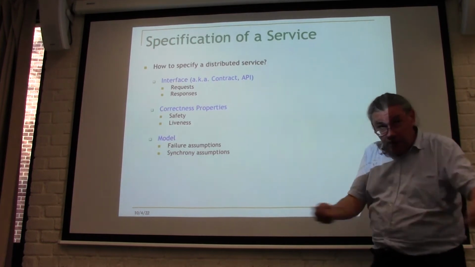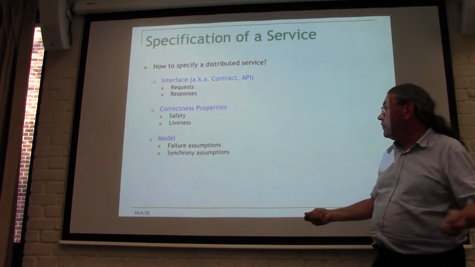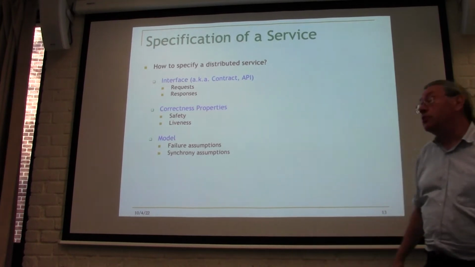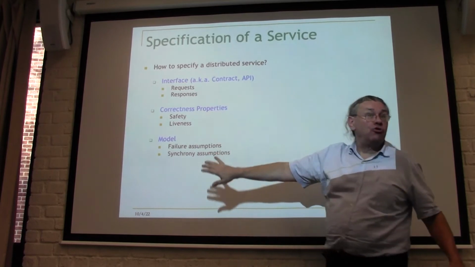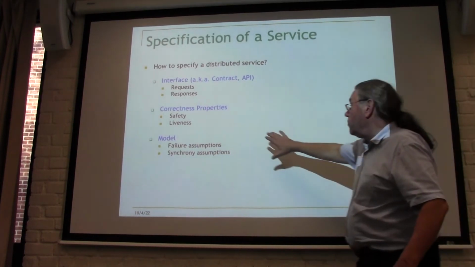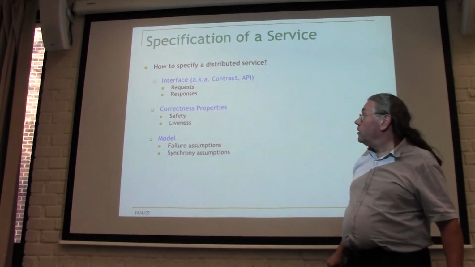There's some kind of synchrony, it could be synchronous, asynchronous, or partially synchronous. So when you write the algorithm, there is some model underneath, and that's part of the specification. But you're not controlling that. The programmer is not controlling that. You're given the model, and you have to write the algorithm for that model.